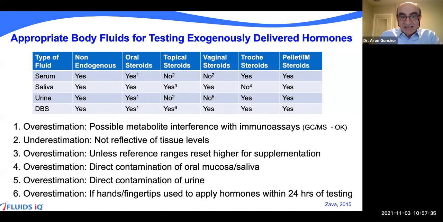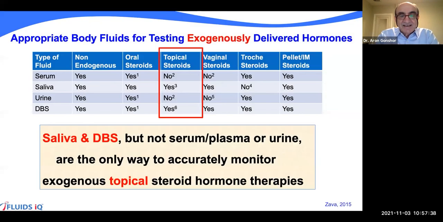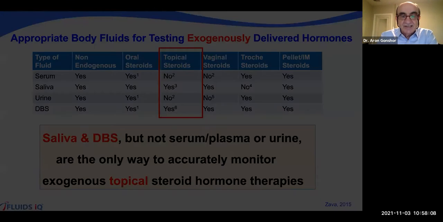And the message here is that saliva and dried blood spot, but not serum, plasma, or urine, are really the only ways to accurately monitor exogenously produced topical steroid hormone therapy. So for most hormone therapy, which today is given topically or orally, you really do want to look at a way in which you can pick it up in a way that makes sense. Saliva is one of the ways.